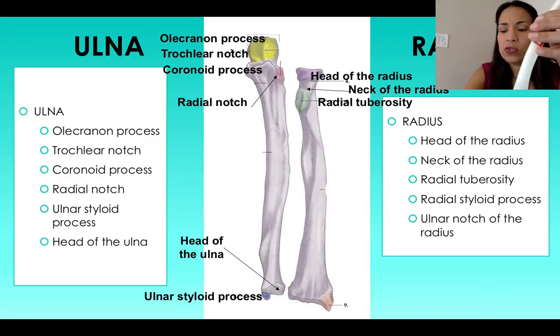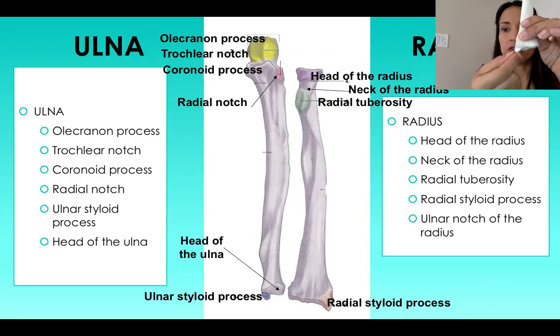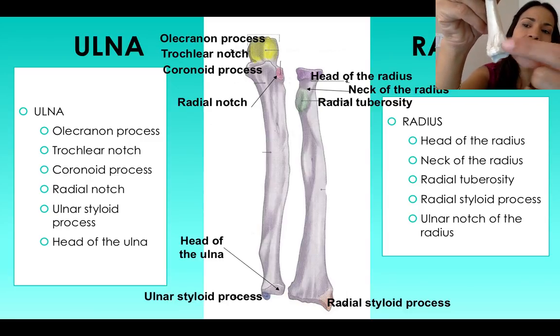What else? Let's go down and we're going to see another styloid process. It's the most inferior point of the radius. Medially in here, we can see the ulnar notch of the radius.